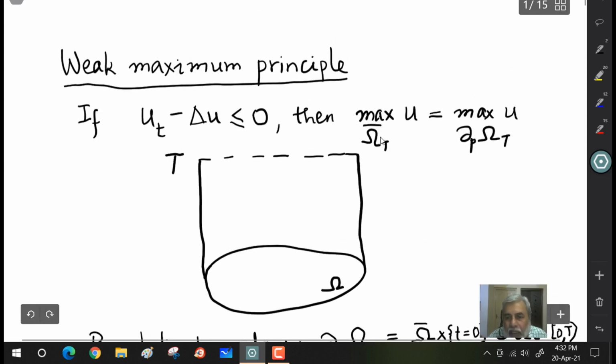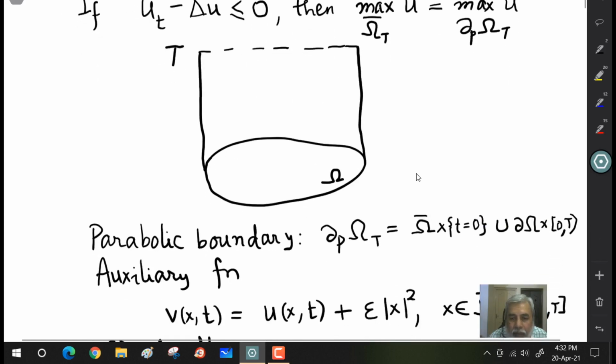Of course, this does not rule out that the maximum of u can occur somewhere in Omega_T bar other than the parabolic boundary, and the strong maximum principle rules that out in certain situations.